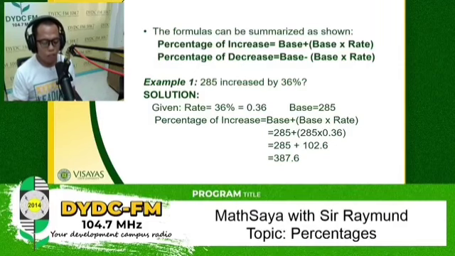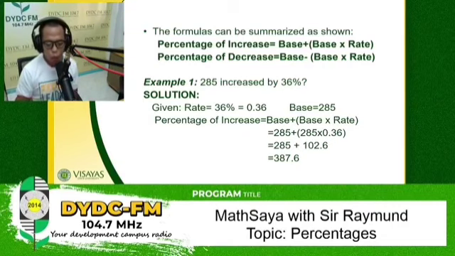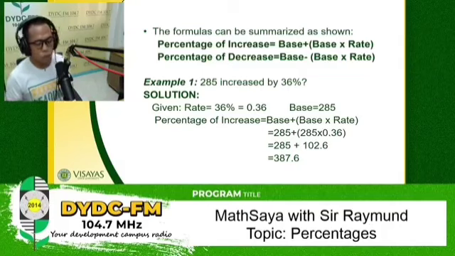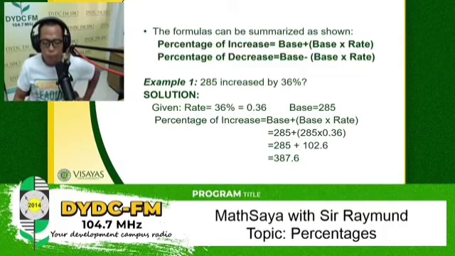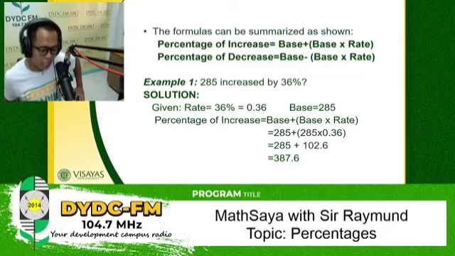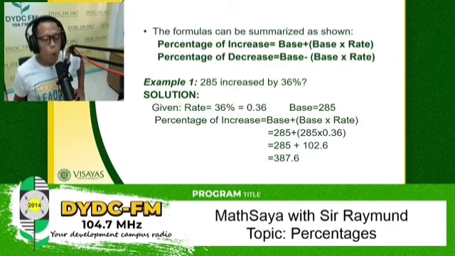So 285 is your base plus 285 times 0.36. The product of 285 and 0.36 is 102.6. You add to its base, that is 285. So 285 plus 102.6 is equal to 387.6. So that is what is meant by 285 increased by 36%.